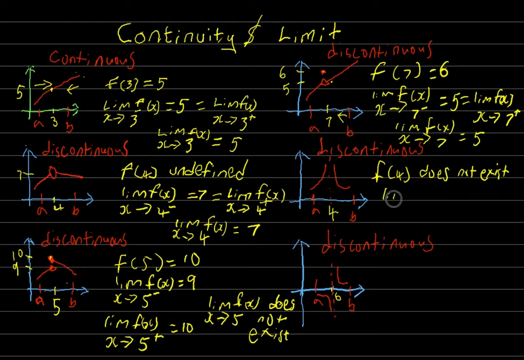The limit as x approaches 4 from the left hand side of f of x, you can see that the value is going higher and higher. So it's moving towards positive infinity.